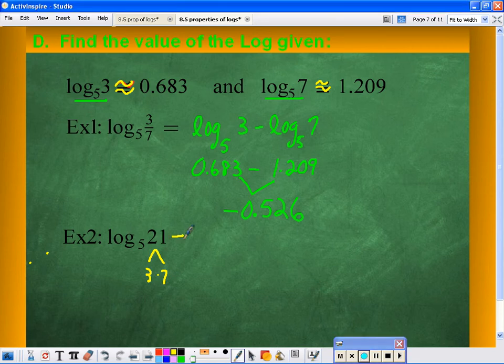So if that breaks down to log base 5 of 3 times 7, how do we write that? We write that as log base 5 of 3 plus log base 5 of 7. And there's your answer.